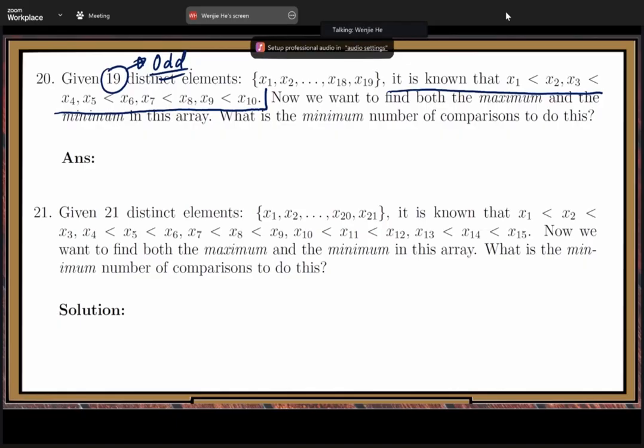But now we need to add an extra condition.